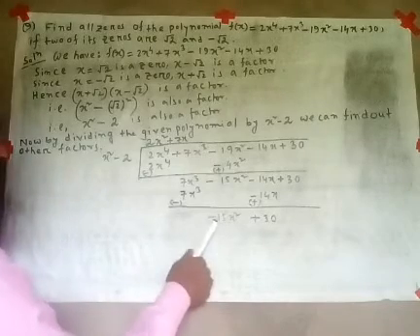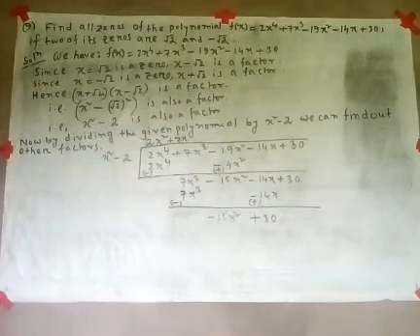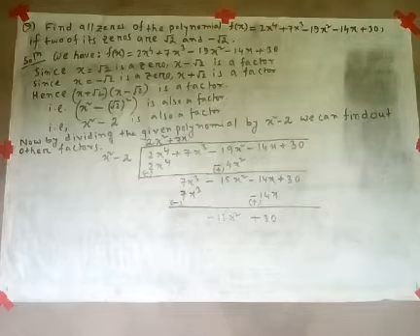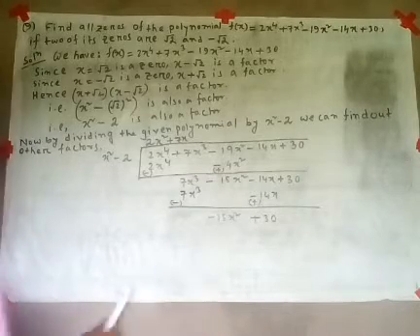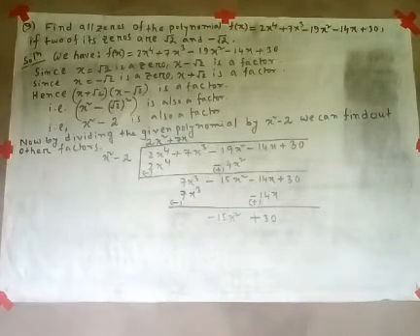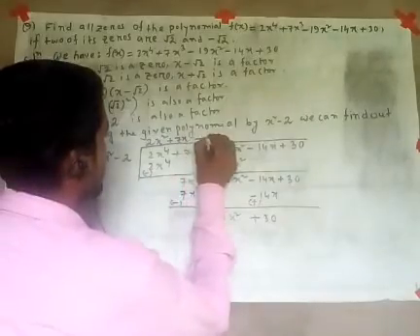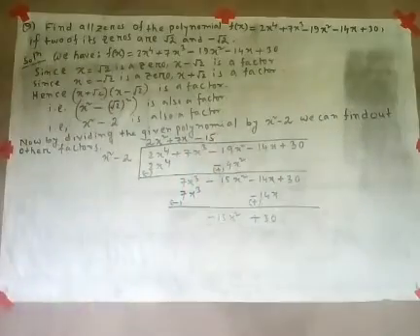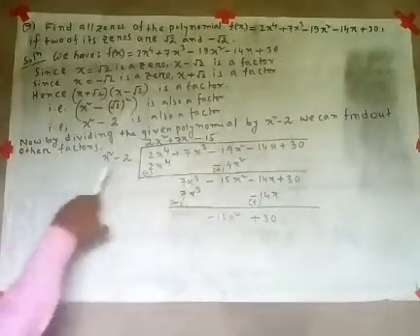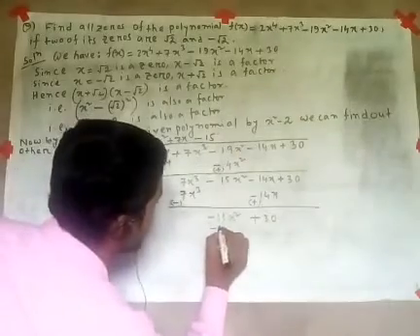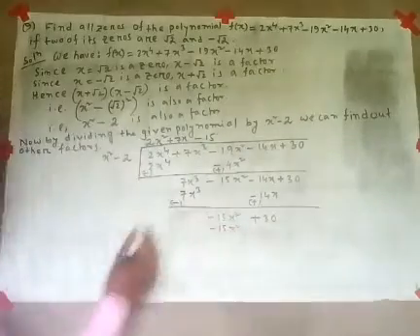Now look, here is minus 15x square, and here is only x square, so we have to multiply by minus 15. Minus 15 into x square, minus 15x square.